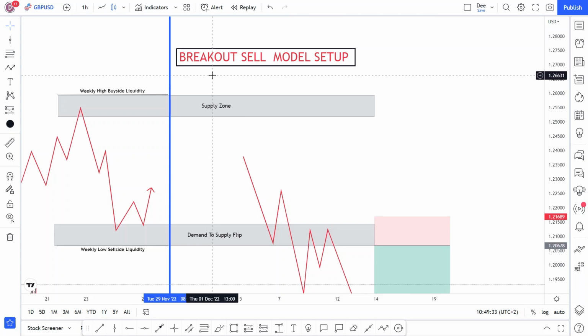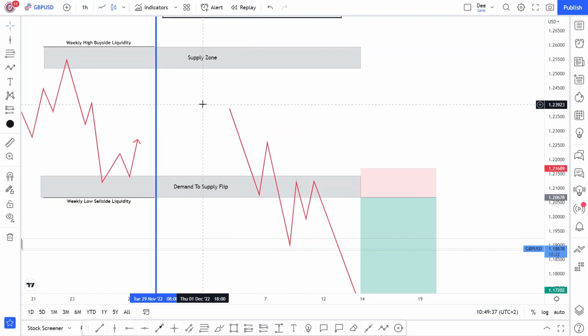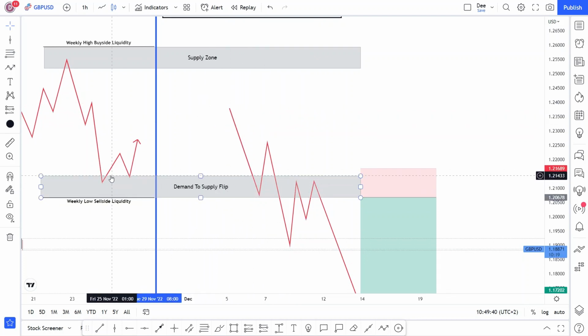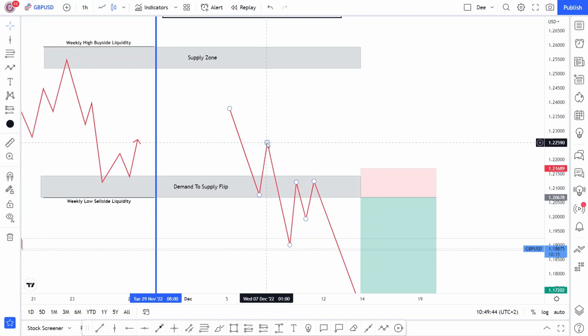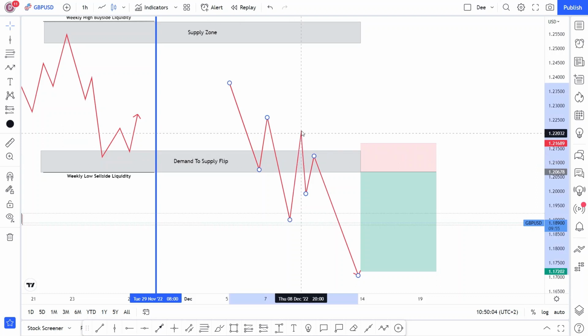Guys, on this example, we have the breakout sell model setup. Okay, so the market comes into this demand zone or the weekly low, and then it immediately buys and it goes in the direction of the buyers buying this demand zone, and then after that it goes and hits the stop losses of the buyers, and then it activates the sell stops, and it also comes and induces the breakout traders, and it didn't go for any liquidity grab.